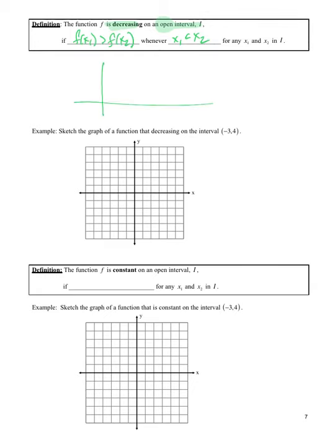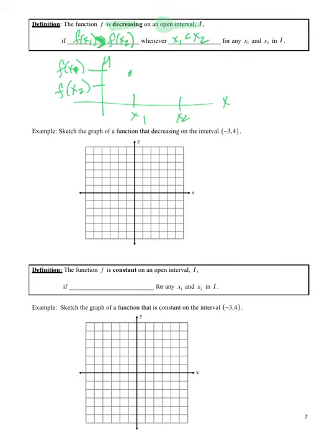Again, let's see visually what we're talking about. I have an x1 that is less than x2, and f of x1 is larger than f of x2 right here.